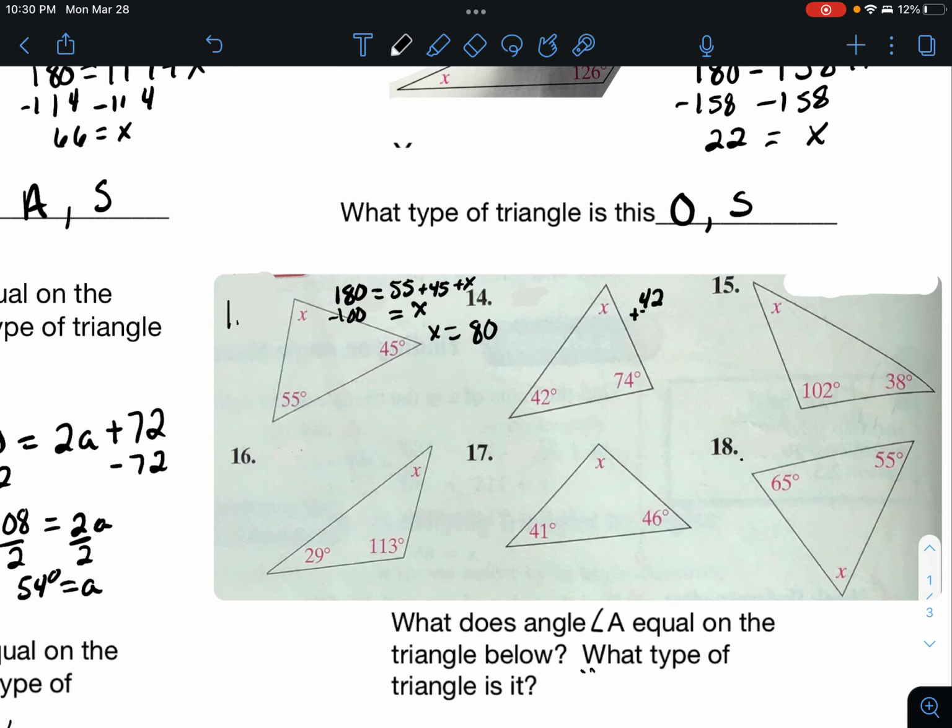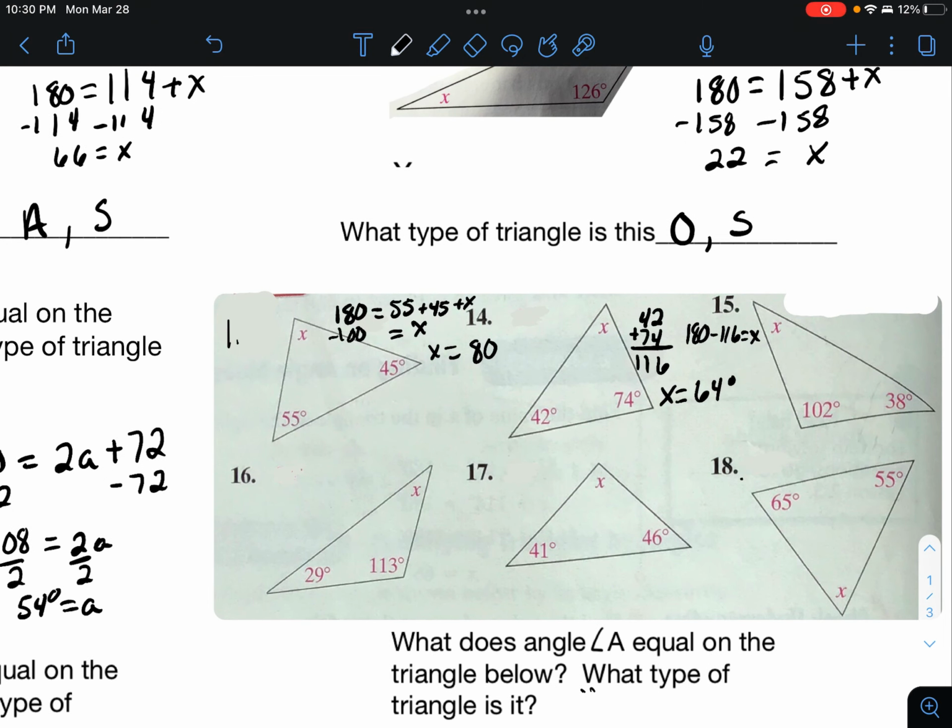Okay, next one, 42 plus 74 is equal to, that's 6, that's 11, so that's going to leave us with x is equal to 64 degrees. Okay, 180 minus 116 equals x. Okay, next one.